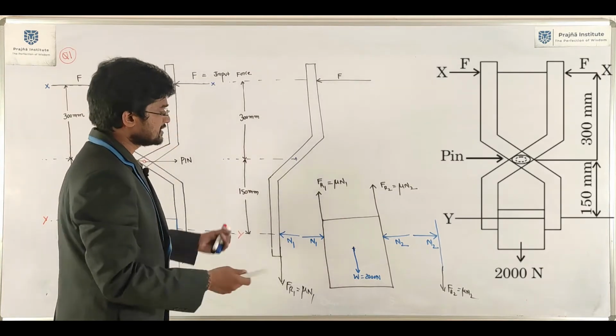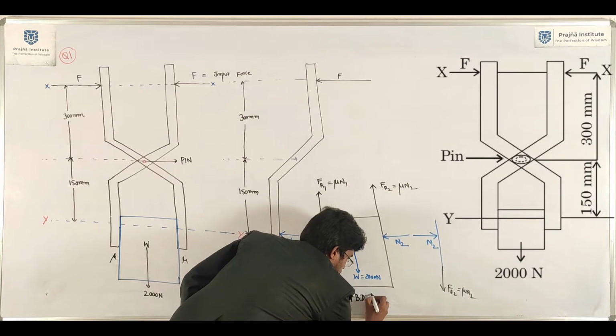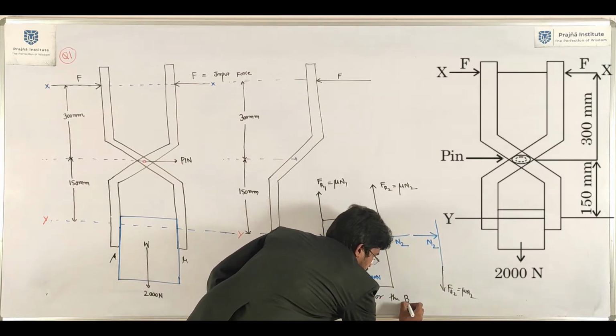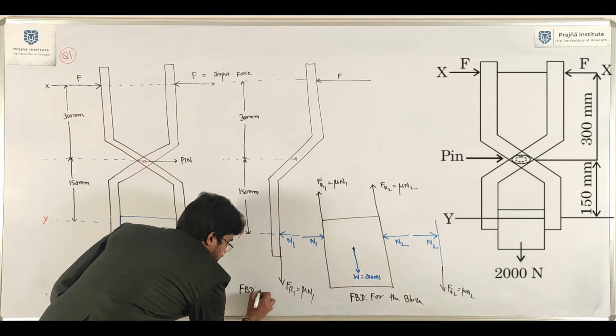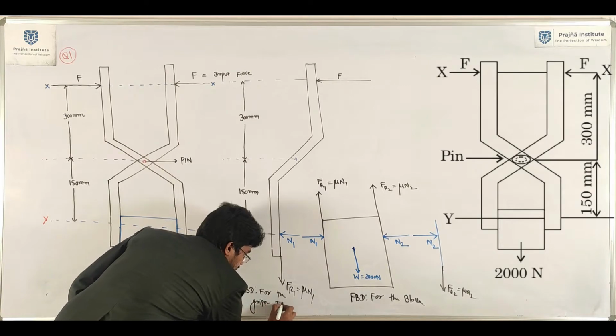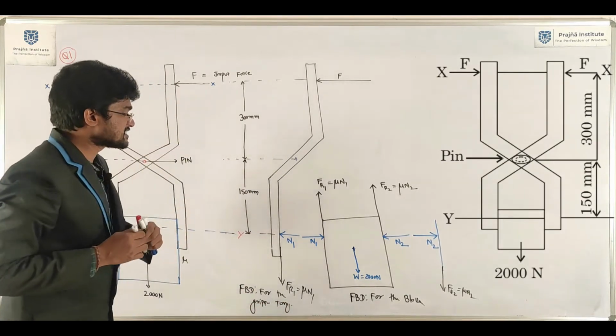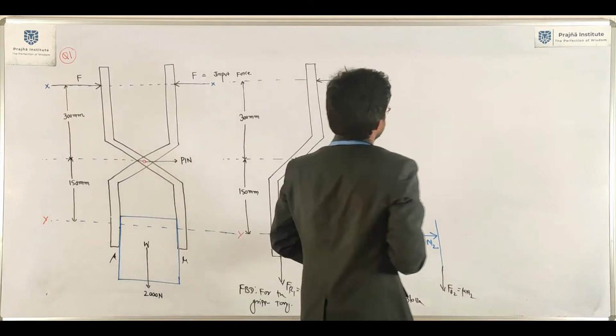So this is all about the free body diagram for the block, and next the free body diagram for the gripper tongue. First focus on the free body diagram for the block.